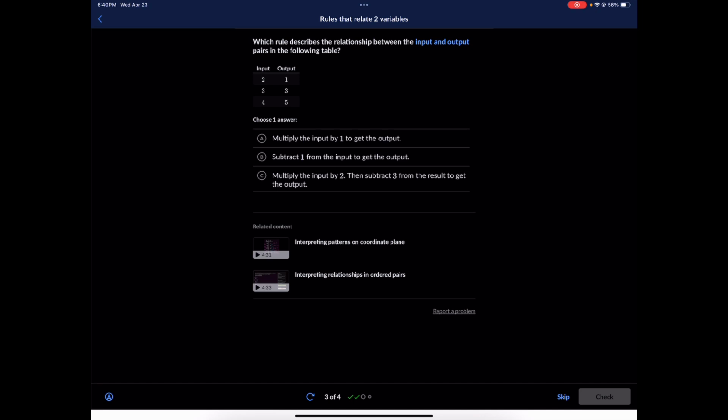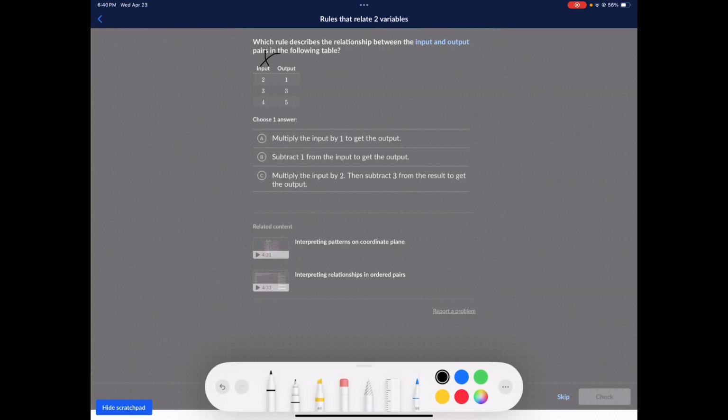Anyways, which rule describes the relationship between the input and output pairs in the following table? We have an input of 2, and an input of 3, and an input of 4, with outputs of 1, 3, and 5. So, now what we're doing, input and output are just a fancy way of saying x and y. So, we don't even have to worry about it being x and y.